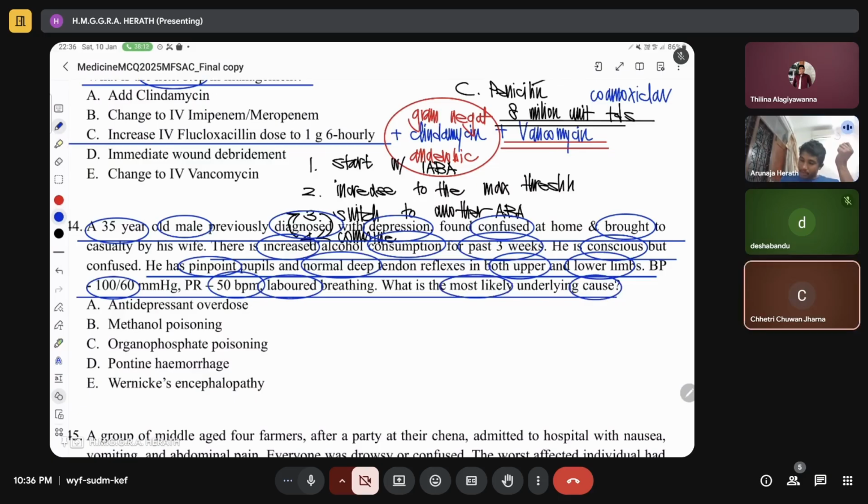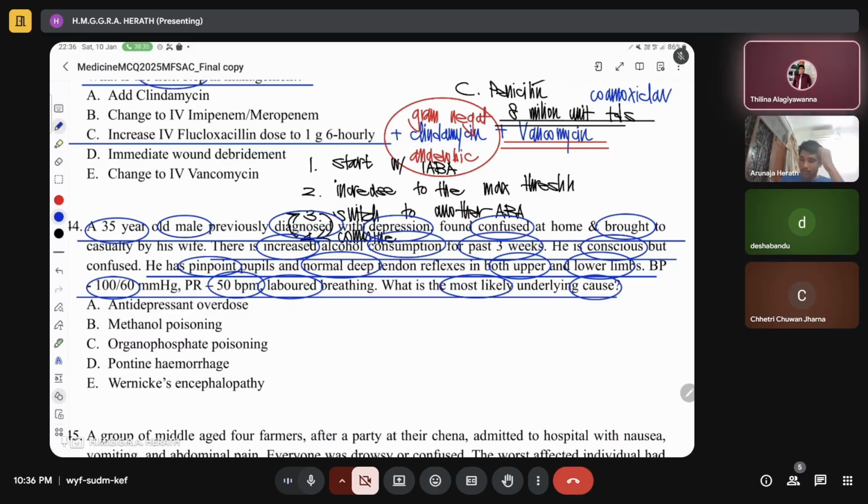Methanol. Underlying cause. Methanol poisoning. Why do you say so? He has been consuming alcohol for past 3 weeks. What does organophosphate do?